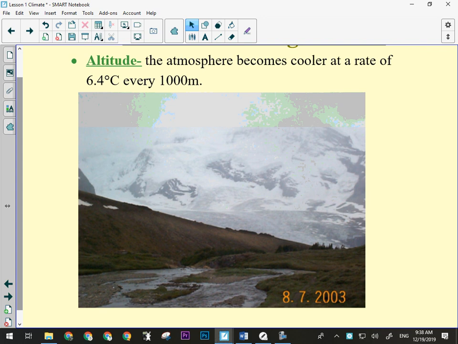So that's the effect of altitude, and that's another reason why here in Calgary it's typically cooler than Vancouver. Now Vancouver has other things that help it stay warmer, but it's at sea level, 1,100 meters lower than here. Right here in this school, we're about 1,094 meters above sea level.